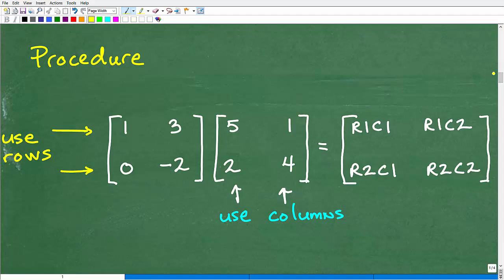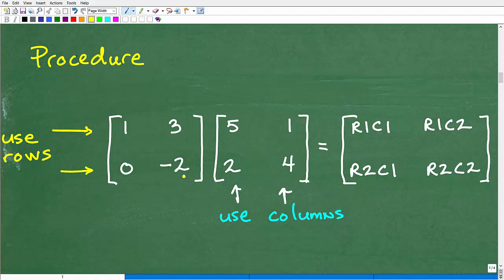Even though the procedure is not that difficult, it's very easy to make an error because you're doing a lot of arithmetic. You've got to stay highly focused. In this particular problem, the entries are nice, lovely little integers. But in more challenging problems, you could have fractions, positive, negative fractions. It can get much more exciting than this.